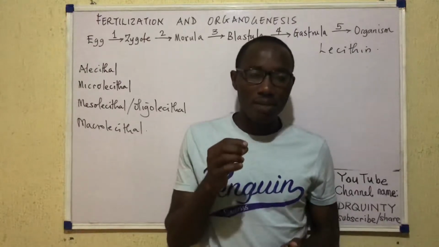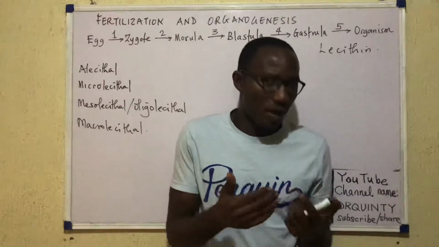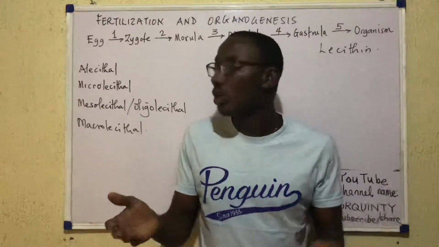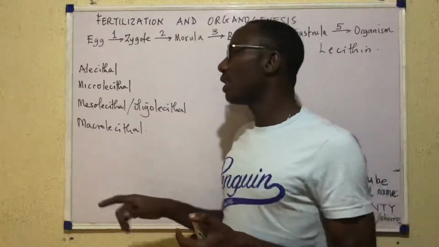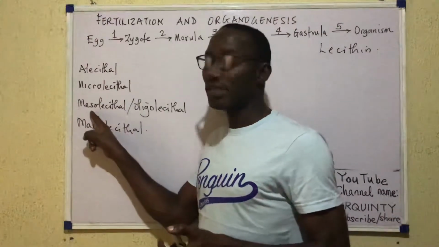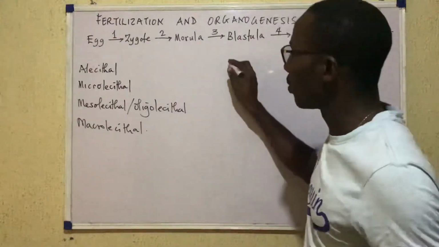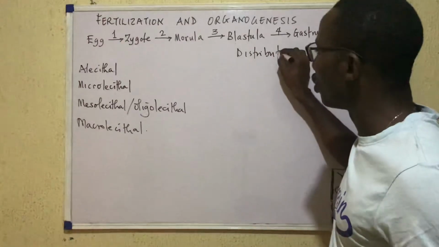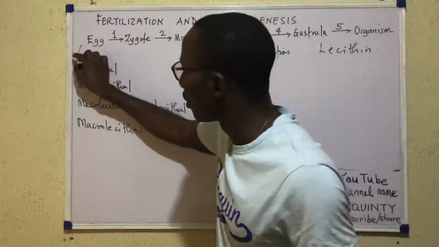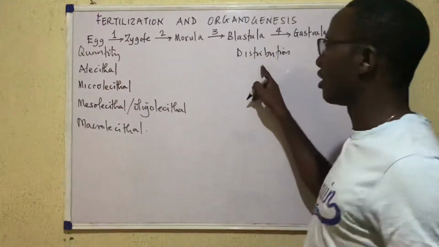Then, if the amount is beyond just being extremely scanty, it is quite reasonable, but not so much, we could use the term mesolecital. And whether it is micro or mesolecital, the distribution of the yolk is another issue. So let me put that here now, distribution. So see this, there's quantity and that's distribution.